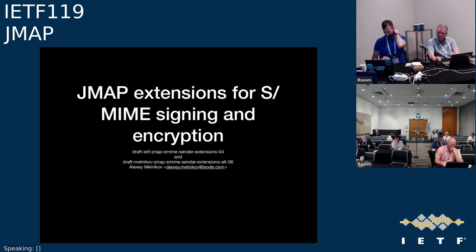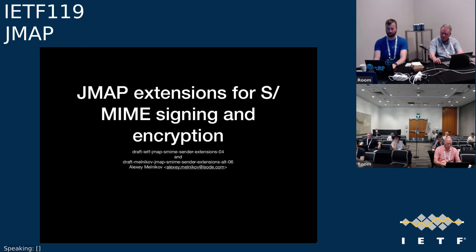All right, moving on. So what happened is the working group document, 04, actually expired. Last IETF, I was working on a personal draft, which is an alternative approach, and I'm revising the alternative approach draft.